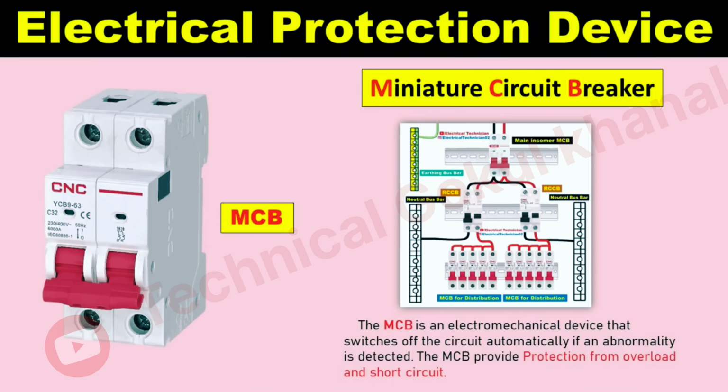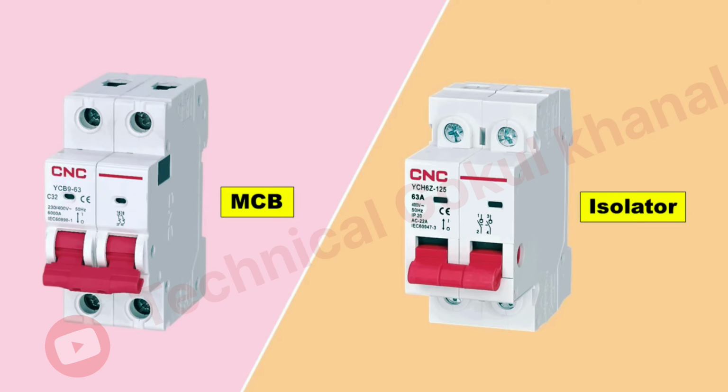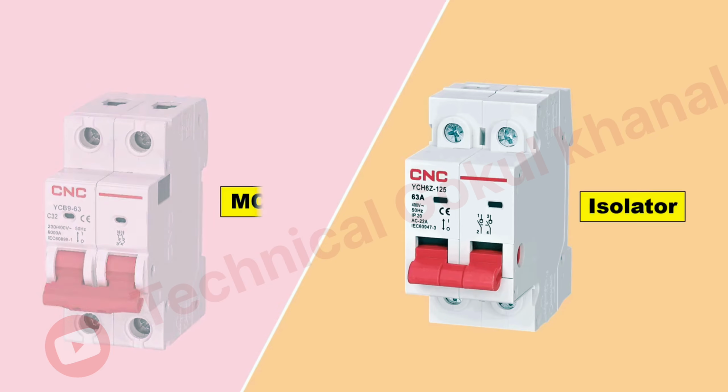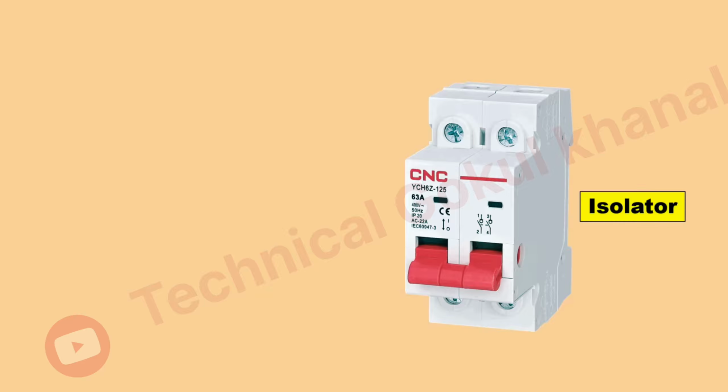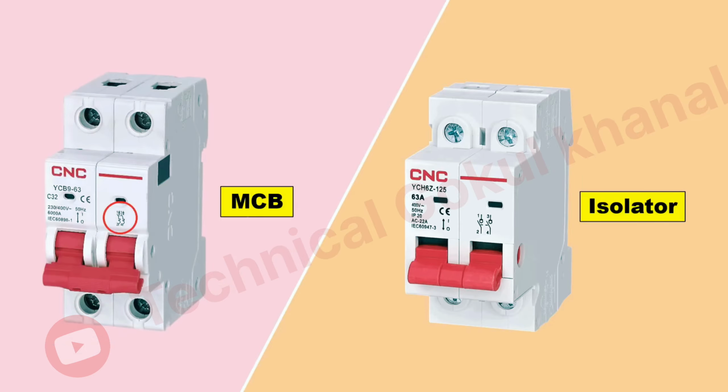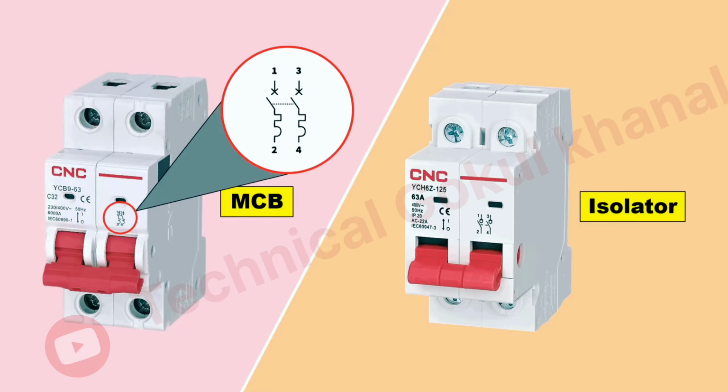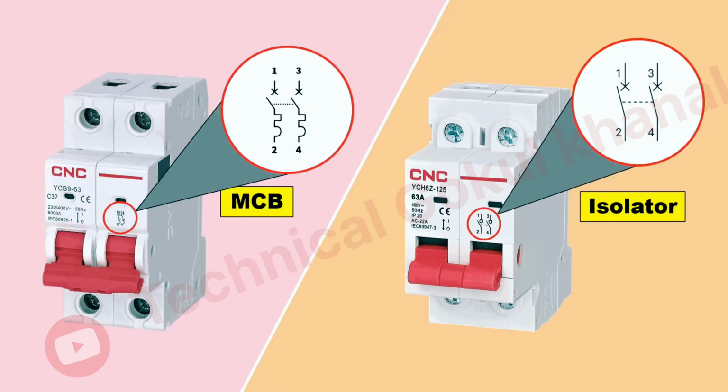If you go to market to buy a MCB, then from profit point of view, shopkeeper may sell you isolator in place of MCB. And if you install isolator in your home, then you will not get any kind of protection. You can look on this screen what is the symbol of MCB and what is the symbol of isolator. So whenever you go to buy a MCB, look carefully at the symbol on the MCB, whether it is MCB or not.